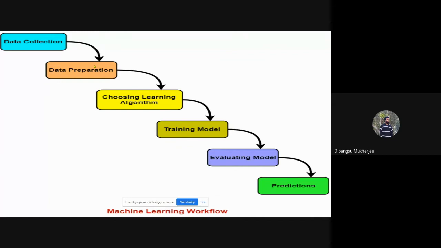Someone writes all small, M A L E. Someone writes only F, denoting female. Someone writes capital F E M A L E. So this type of thing will be there, and when we collect our data, this is called mismatched data. Then we will have to pre-process the data.